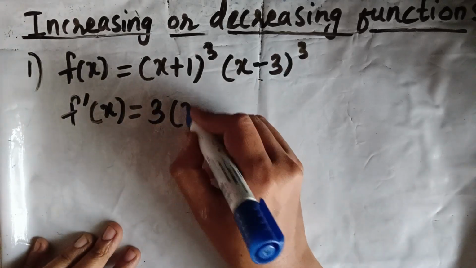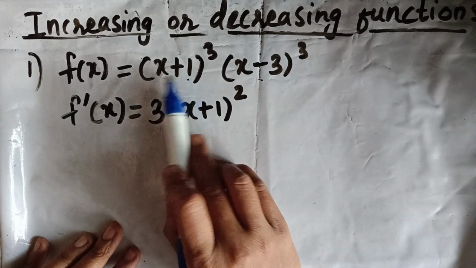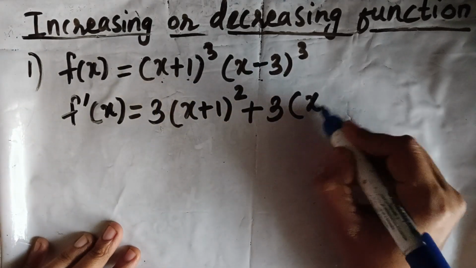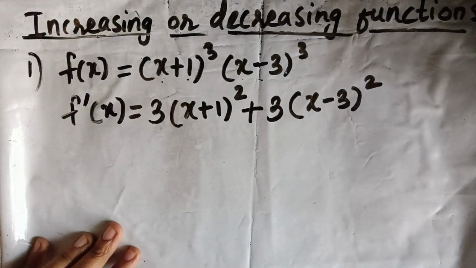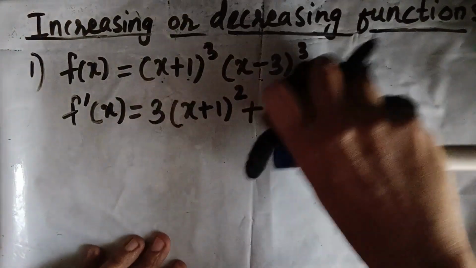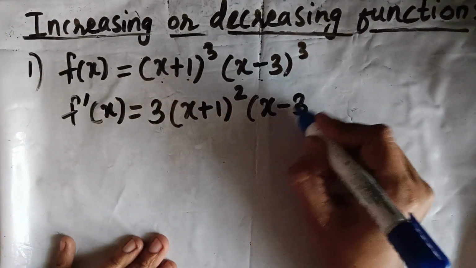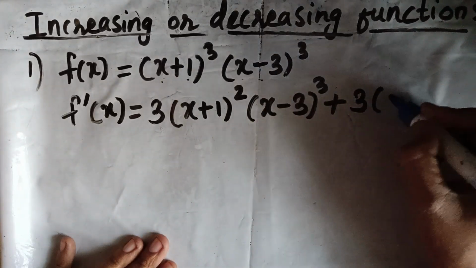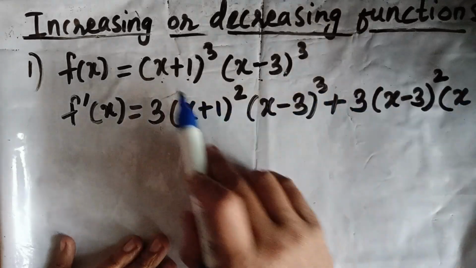So u dash square, its derivative is 1 plus, again the derivative is 1. Sorry, I have to write v also, plus v dash and u.